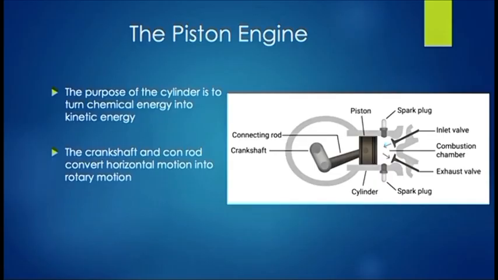The crankshaft, which is the central point of the engine, and the connecting rod, which connects the cylinder and the piston, convert horizontal motion into rotary motion. So the cylinders are horizontally opposed within a piston engine, and the crankshaft will turn that horizontal motion into a rotary motion to turn a propeller or some kind of drive shaft.